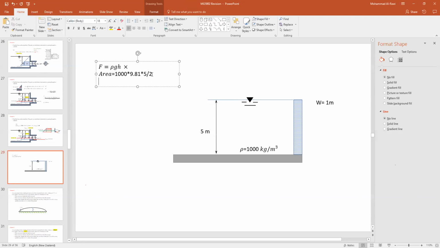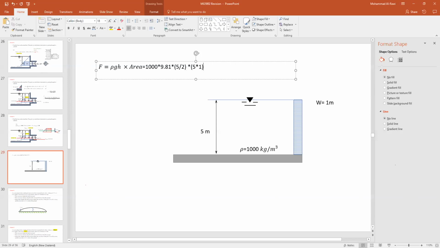Now, what's missing in this example? Times, and I'll put brackets to not confuse you, the area of the gate. So what's the area of the gate? It's the height, which is 5, times the width, which is 1 meter.